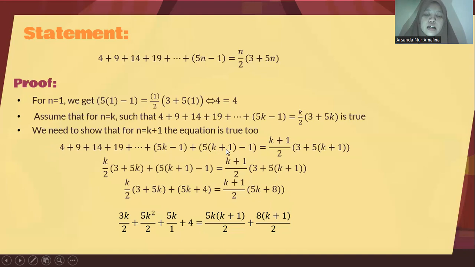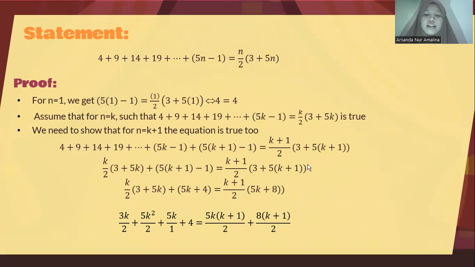We get this first equality, and then we replace 9 plus 14 plus 19 plus and so on plus 5k minus 1 with k over 2 times 3 plus 5k from the second step, because they are equal.